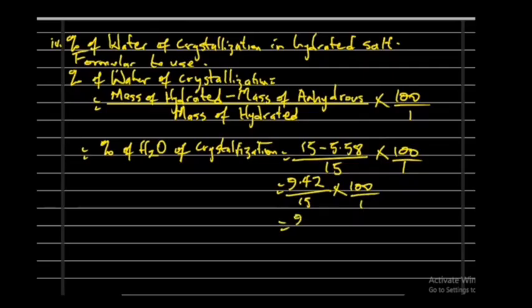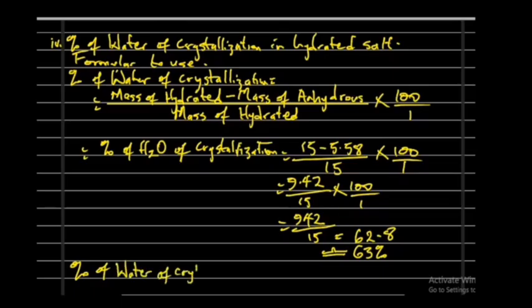So that gives us 942 divided by 15, which equals 62.8, approximately 63. So that is the percentage of that substance. So percentage of water of crystallization is 63%.